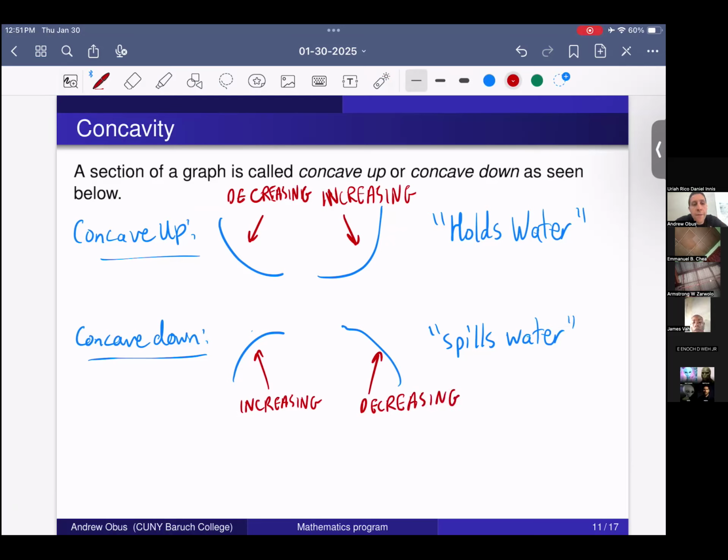So concave up and concave down are independent of increasing and decreasing. You can have any combination of the two. You can be concave up and decreasing, concave down and increasing, concave up and increasing, whatever you want. But basically, the sections of the graph look roughly like these four curves: concave up decreasing, concave up increasing, concave down increasing, concave down decreasing.